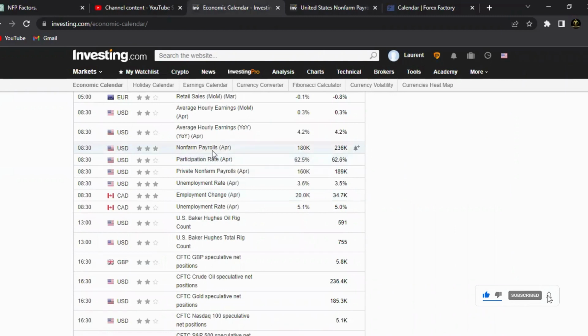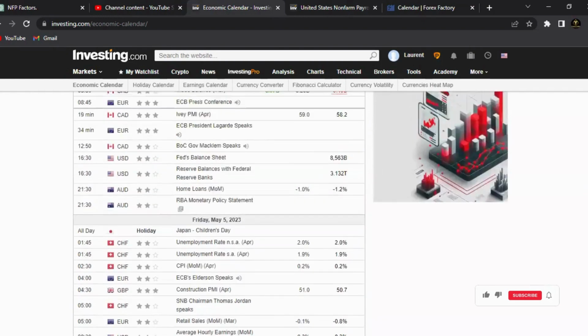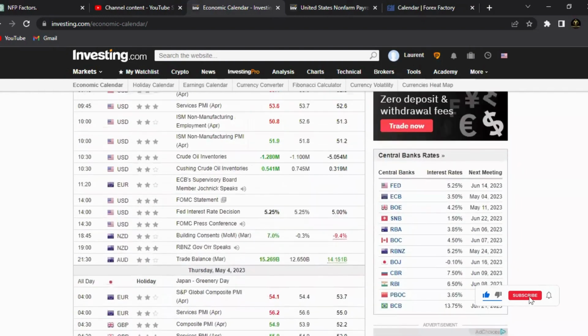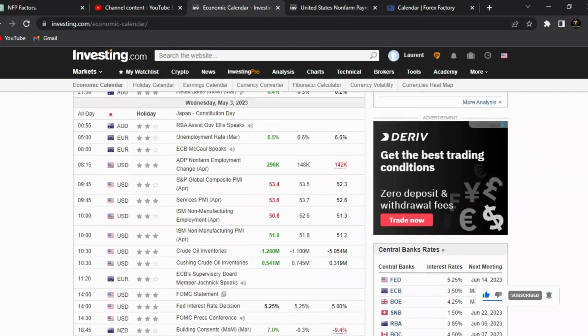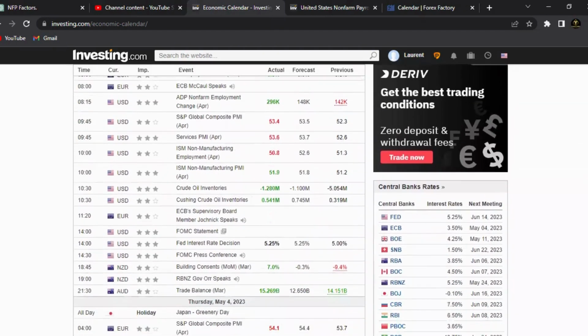So for the non-farm payroll, there are some reports that you can read that will give you a highlight of what's really going to happen before it's actually released. Some of those fundamentals are like the GDP. You can have the interest rate, which came out yesterday. Yesterday, we can see here we had the interest rate for the US.